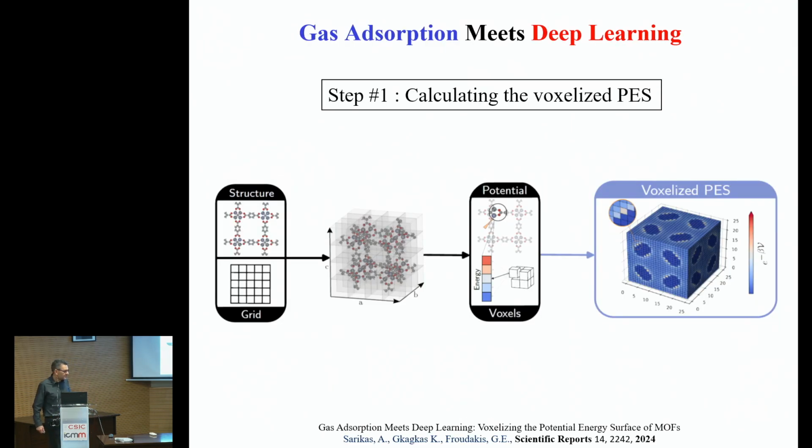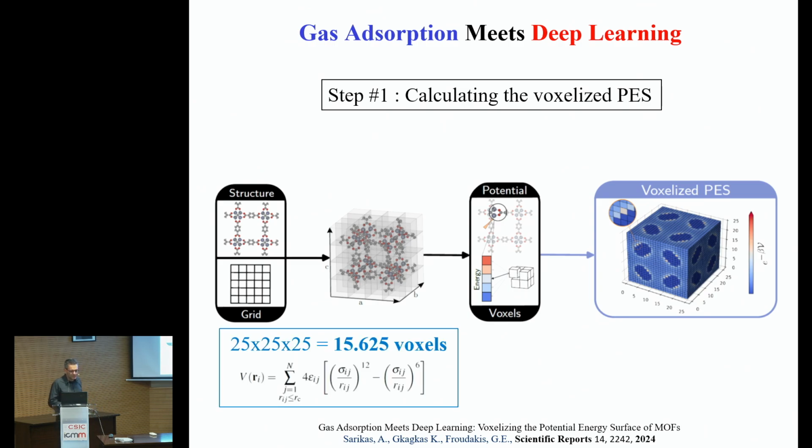You need two steps. One is to make the voxelized potential energy surface. So you take a material, the MOF, you make a two-dimensional or three-dimensional grid, and in each point of this grid you calculate the interactions with the material. And then you can color this grid by the interaction.